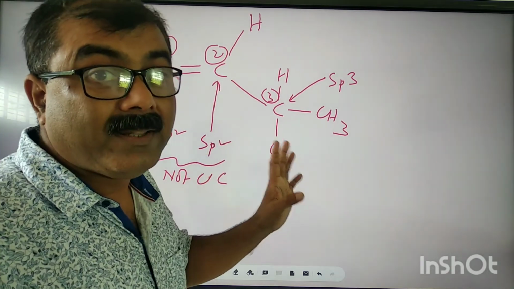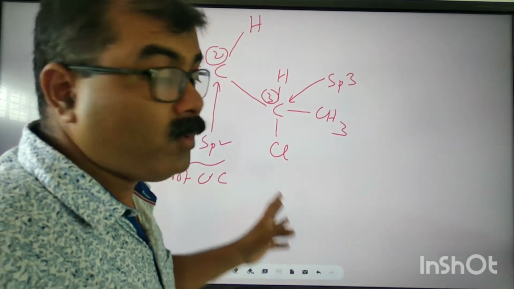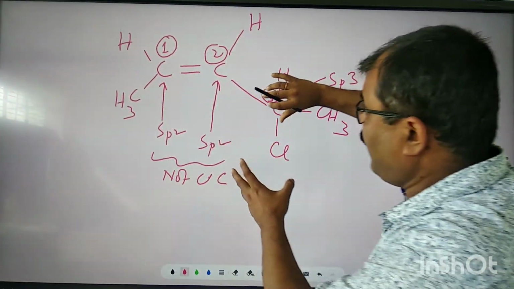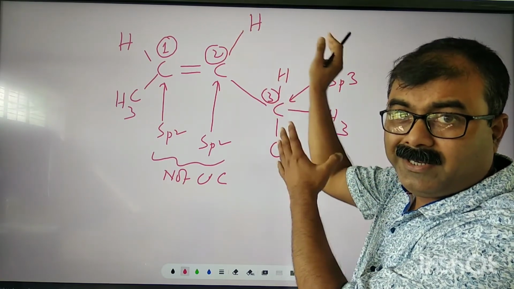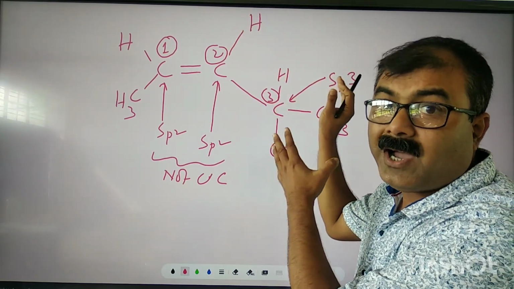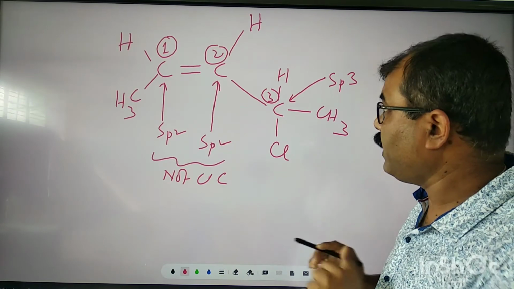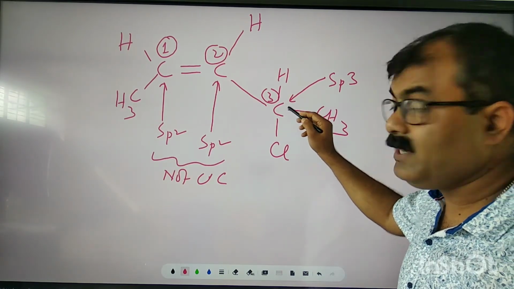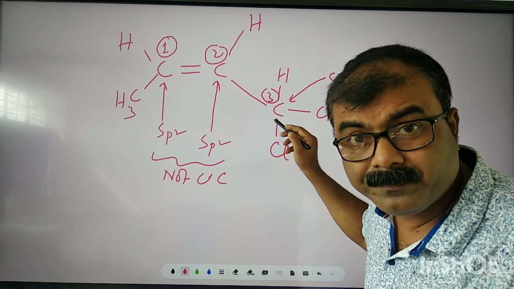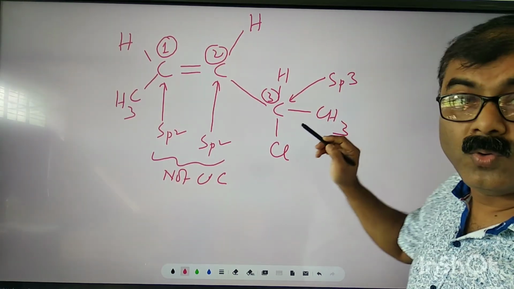But they are stereo centers. Why can they be stereo centers? After exchanging the groups, we can get a new stereoisomer. Okay. Let us see this particular carbon. Is this a chiral carbon? The answer is yes. Why yes?